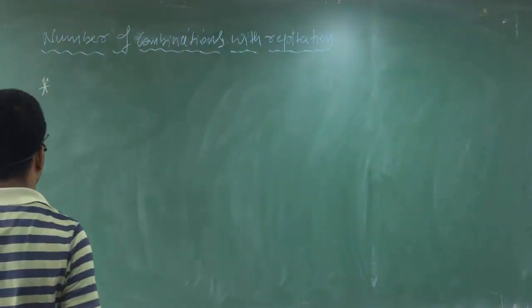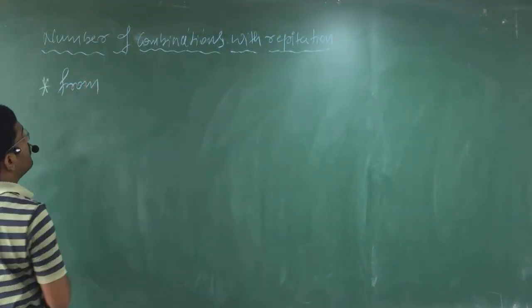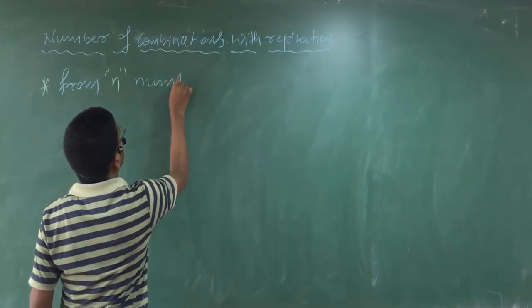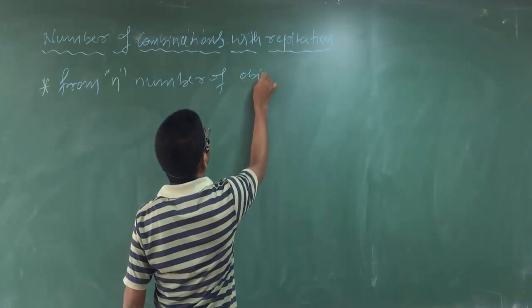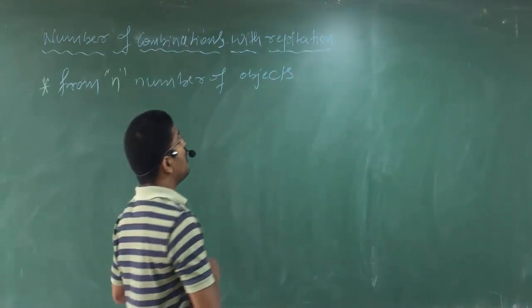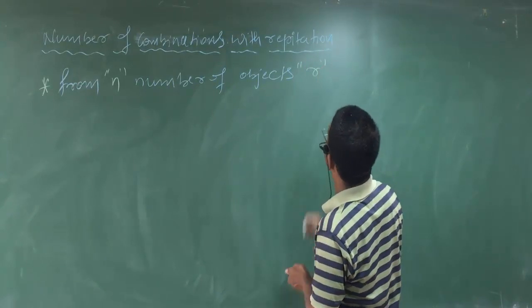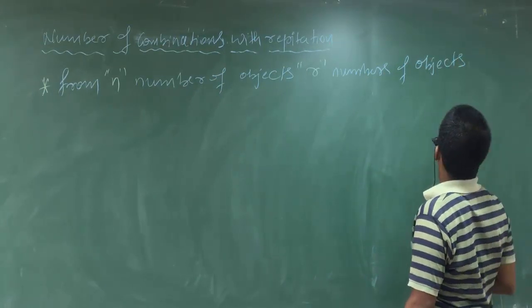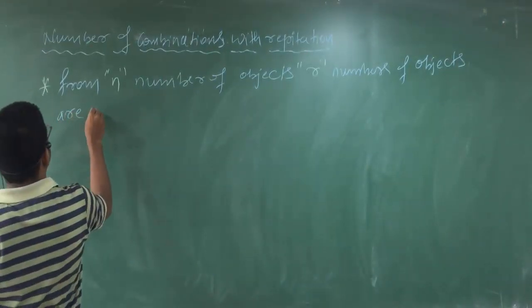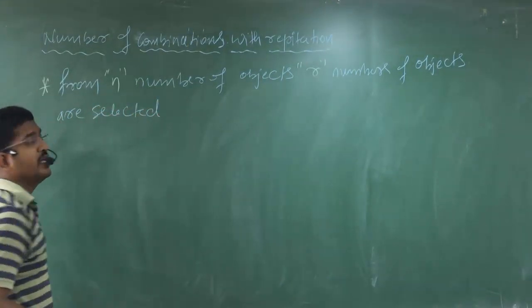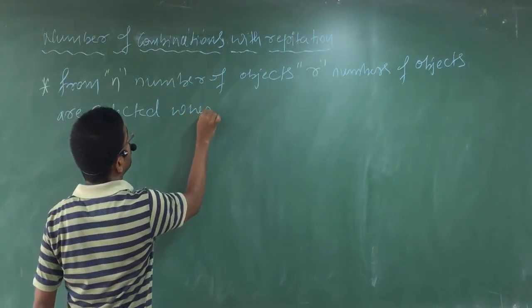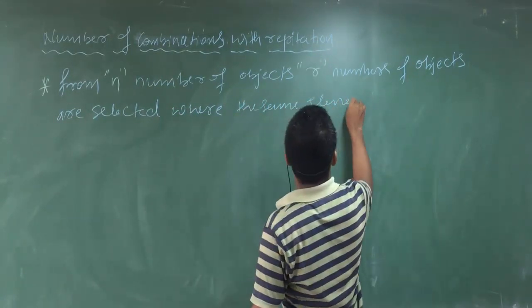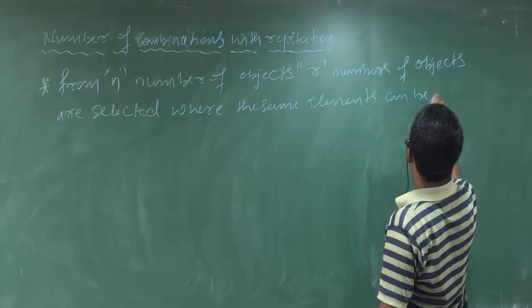That means, see here, from n number of objects, r number of objects are selected where the same elements can be repeated.